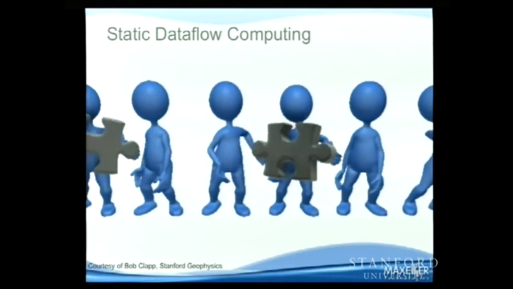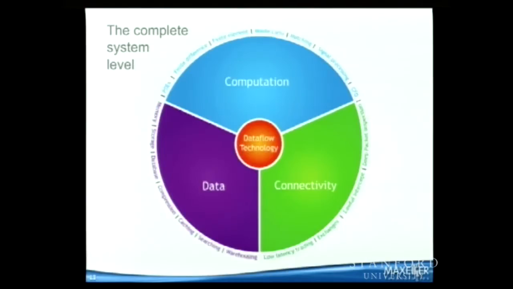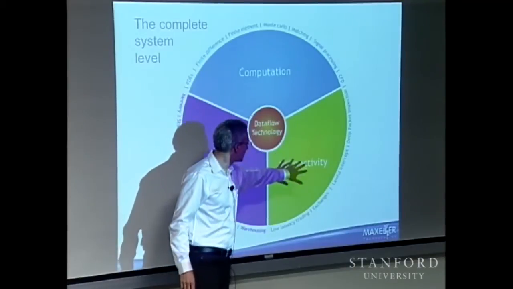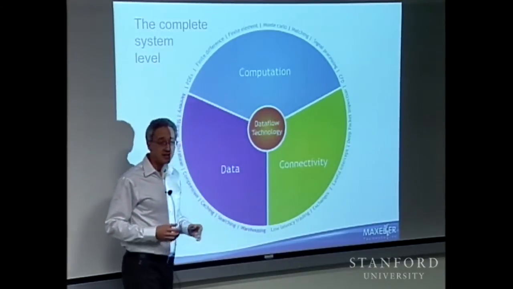But instead of looking at that for too long, once you look at this, what can you do with that? Well, it really spans the idea of data, networking, and computing. So if you think of the Dataflow technology here in the middle as providing connectivity, storing data, and providing computation all in one go, you can build machines that deal with the computational part, the connectivity, or the data bit.